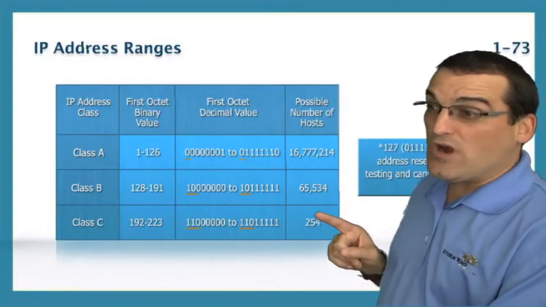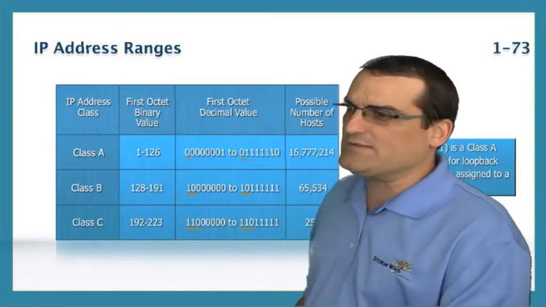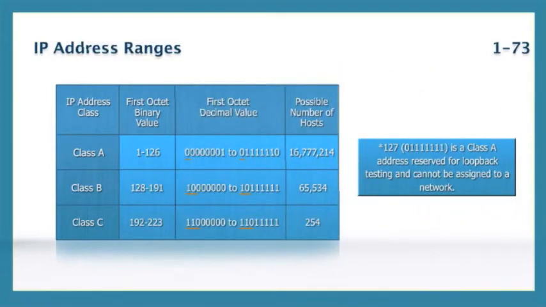And knowing roughly the number of hosts, you don't have to memorize them exactly. If you were to ask me how many possible hosts on a Class A network, I would tell you roughly 16 million. If you said how many on a Class B, I'd say roughly 65,000. And on a Class C, I would be able to tell you exactly 254. I'll actually show you later on in this course how you can calculate that number precisely.